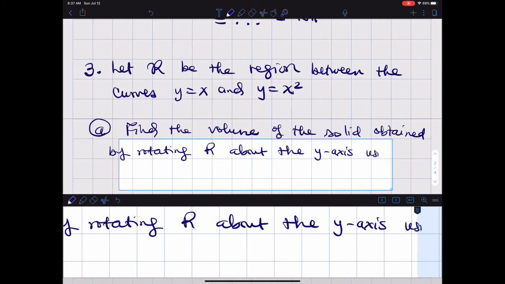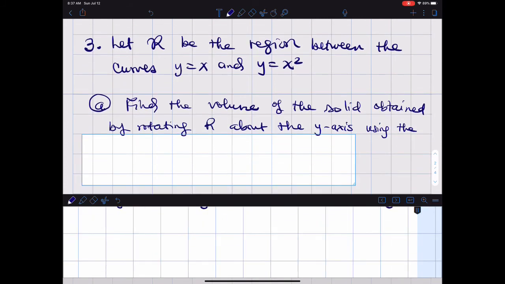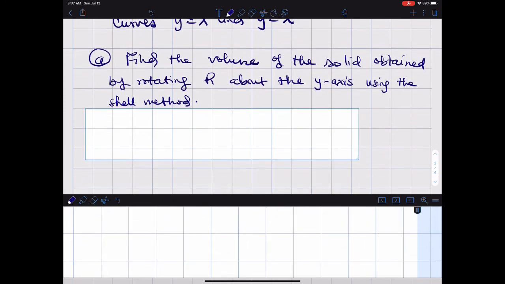And I want you to use the shell method. This is actually a simpler example, but I want you to pay attention because I'm going to make you do something else.